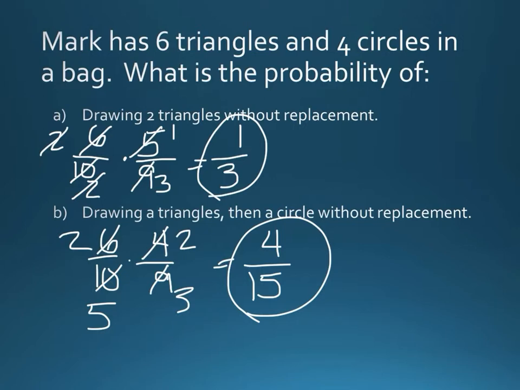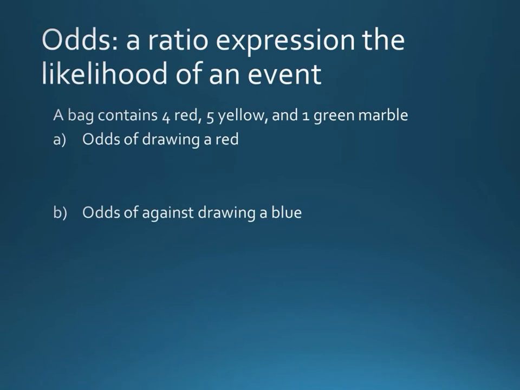One more slide. Odds. Odds is a ratio expressing the likelihood of an event. Let's say we have a bag that contains 4 red marbles, 5 yellow marbles, and 1 green marble.